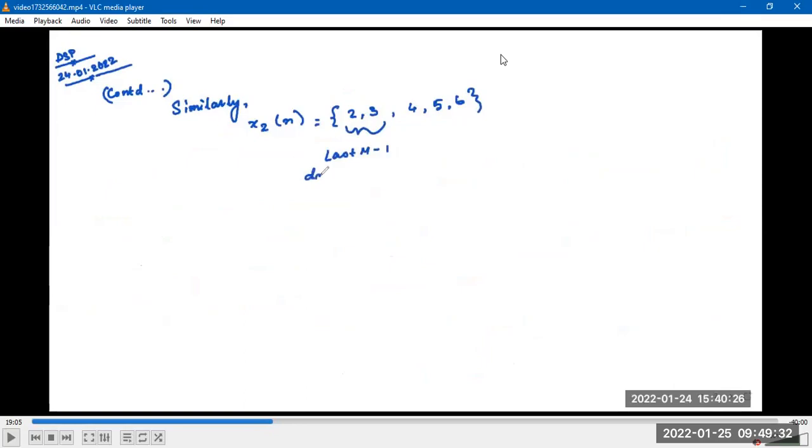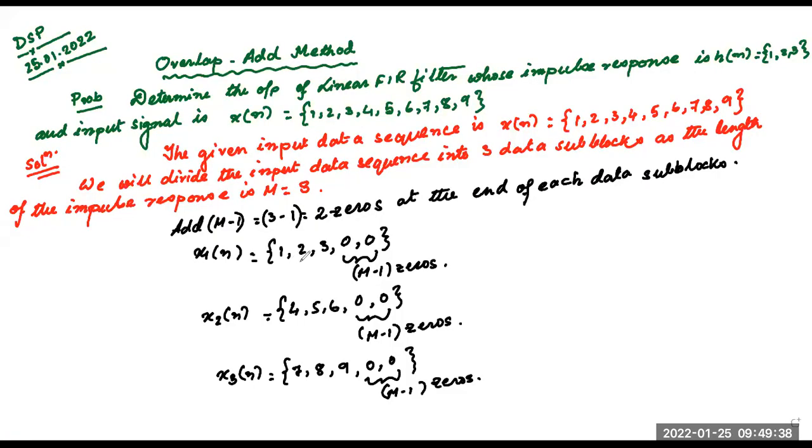But in overlap add, we constantly add m minus 1 zeros at the end of each data subblock. There is no question of bringing previous data blocks into the new sequence.